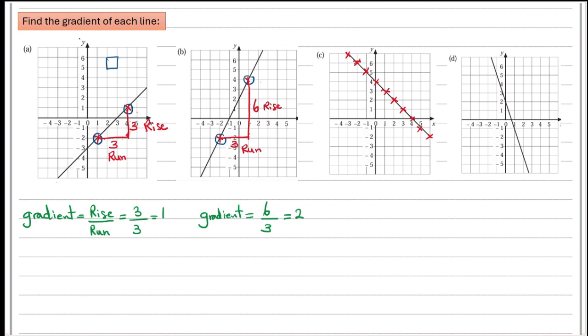We're going to choose 2 of them randomly. Different people would choose different points from these choices. Remember that the gradient is always the same. It will not change. But different people might choose different pairs of points. So I'm going to select this one and this one, then ignore the rest.